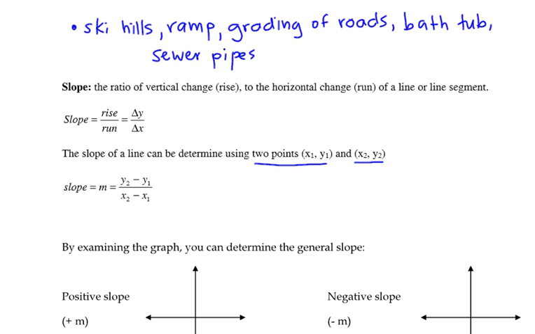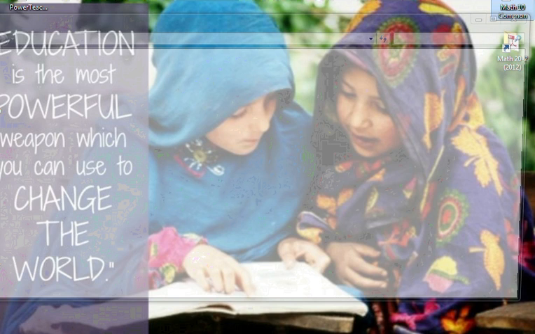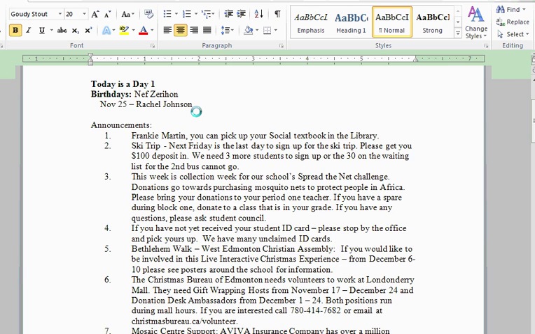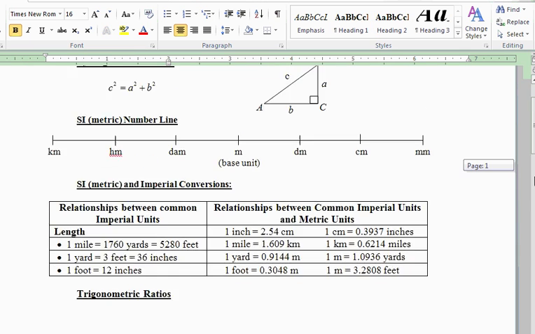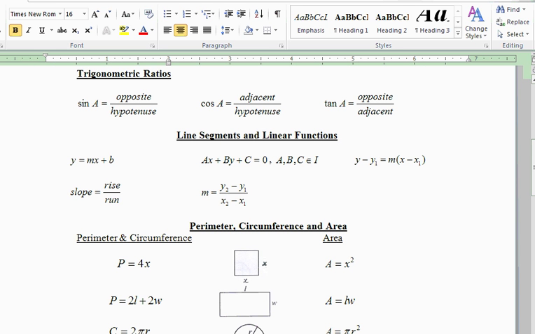Can everyone grab your formula sheets? So your formula sheet, there we go. I think it's the second one. All right, so in this unit, you're going to need to use your formula sheet a lot. So in the blue formula sheet, here we go.